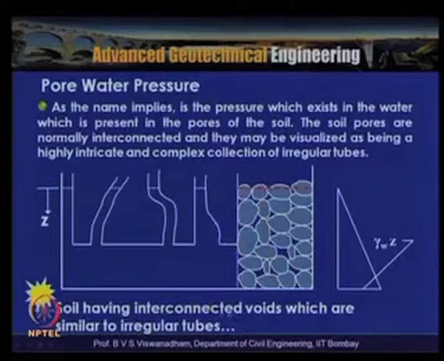So, soil having interconnected voids is analogous to irregular tubes passing through the voids. The size of the tubes depends upon the size of the pores within the soil.